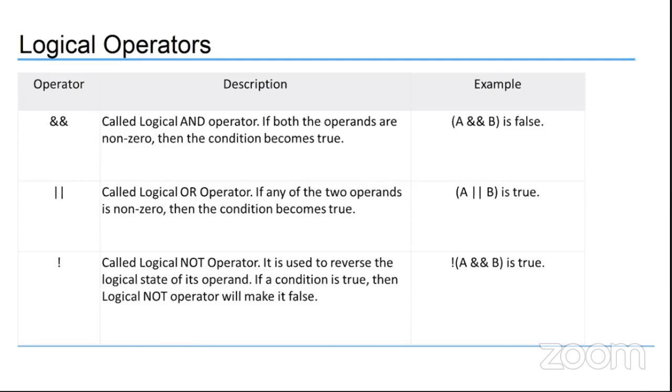The exclamation mark denotes the not operator. If your resultant value is true, the not will fetch you the opposite of that value, right? So this denotes the not function.